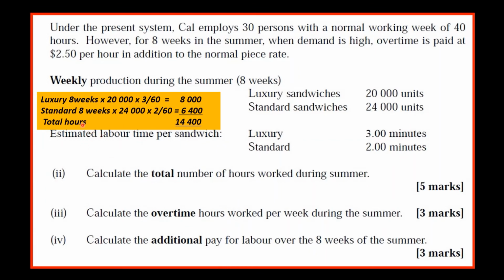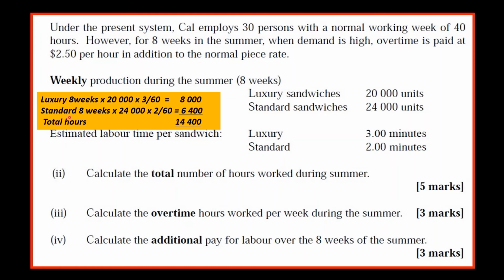Total number of hours would be on luxury sandwiches 8 weeks by 20,000 by 3 minutes, and you divide it by 60 to bring it to hours. We get 8,000. Notice we took the 8 weeks, we did not take the 8 weeks and make it into hours because we are using a piece rate. Okay.